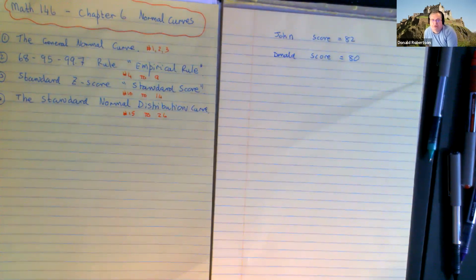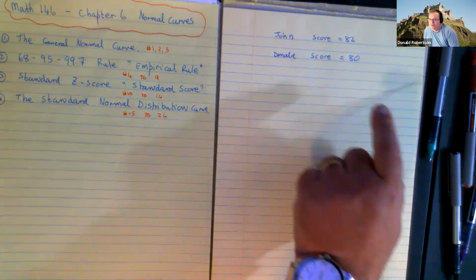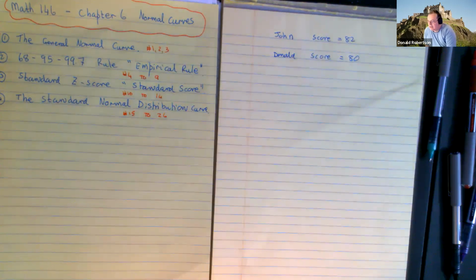And my twin brother, John, is laughing at me because he was like that. Not that I have a twin brother. And he said, haha, I did better than you. Now, based on this one piece of information, I guess you could argue that quite well. Couldn't you say 82 was better than 80?